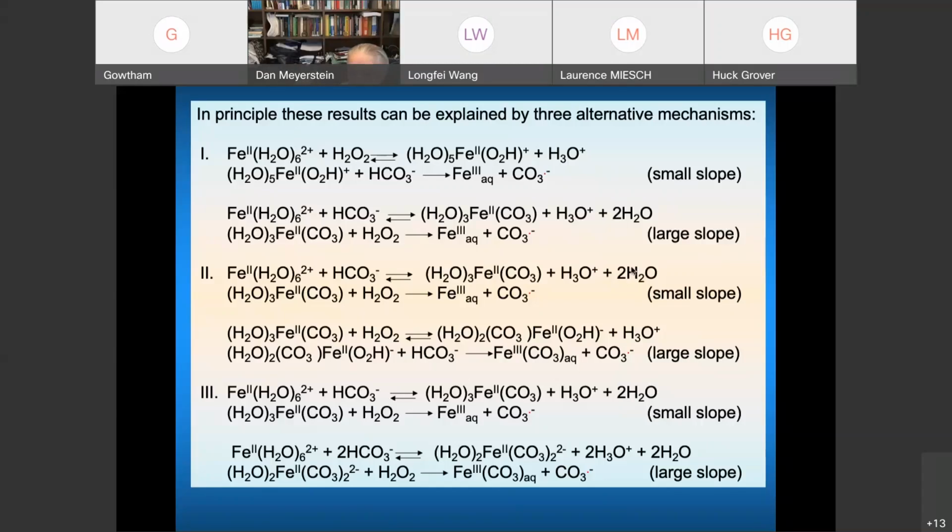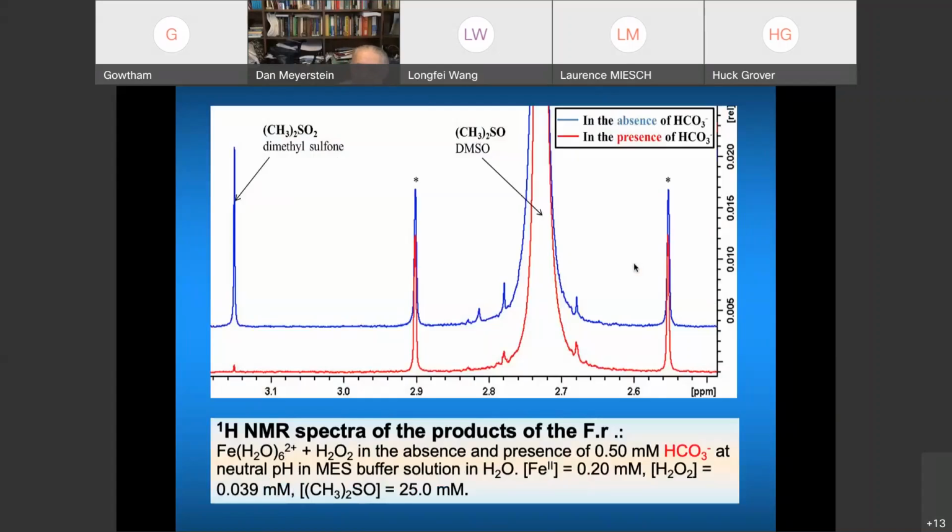So here we have 2 things. We show that bicarbonate accelerates dramatically the rate of the reaction. The next question is, what are the products of this reaction? On the next slide, we show the NMR products in the presence and the absence of bicarbonate.